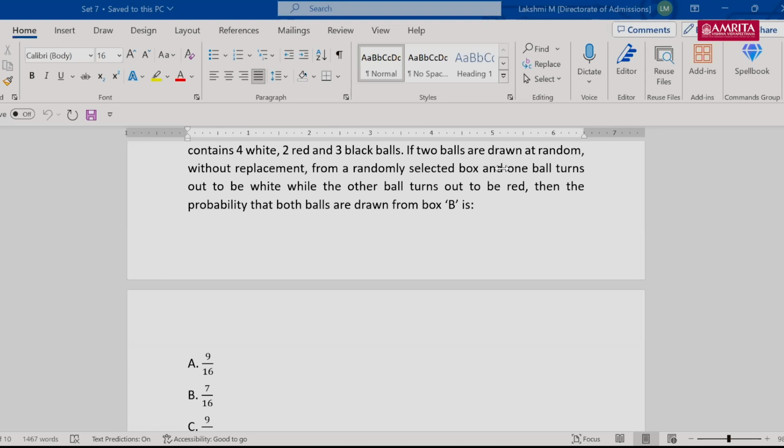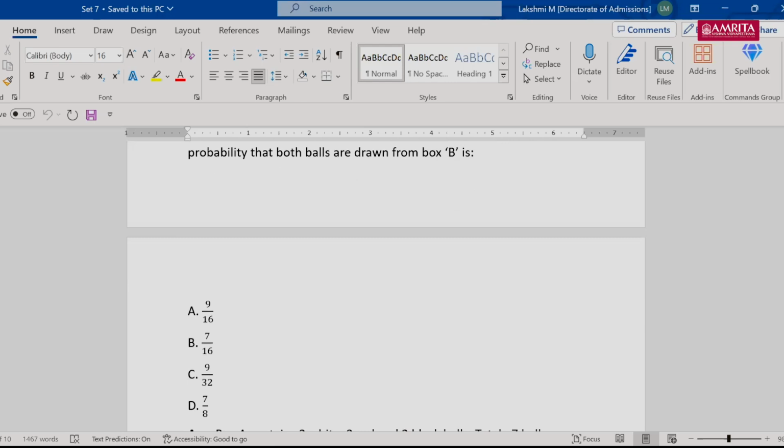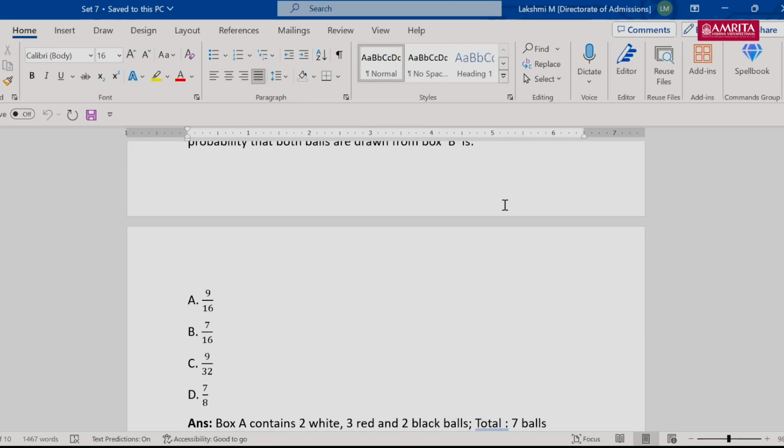Those who have given me option A, please kindly recheck what you have done. I'll just show C and D: 9 by 32 and 7 by 8. The options are 9 by 16, 7 by 16, 9 by 32, 7 by 8.